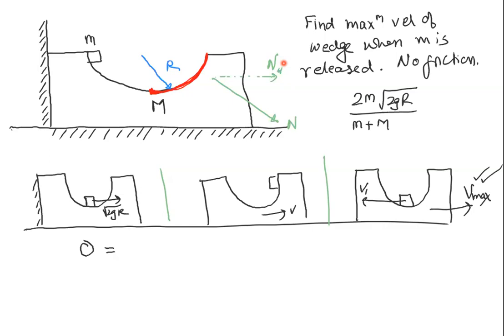So 0 is equal to final kinetic energy minus initial kinetic energy.